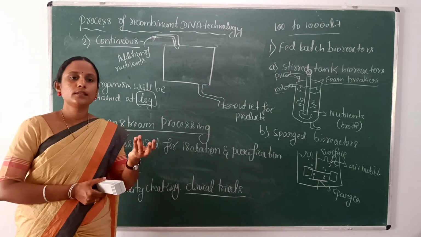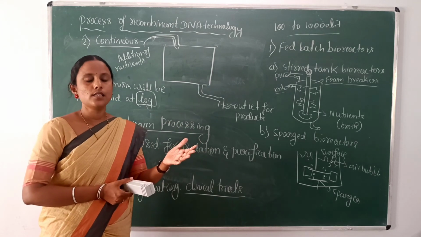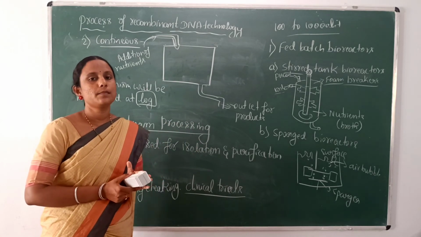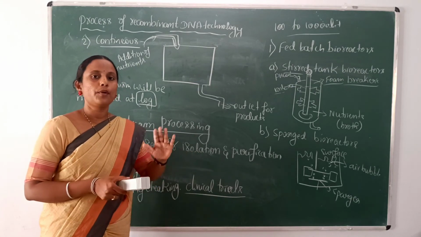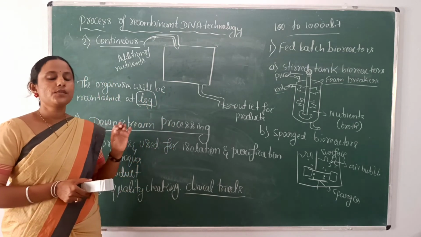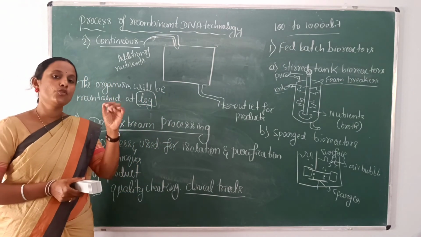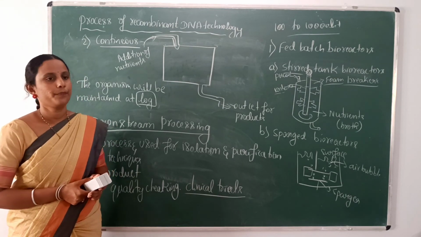The clinical trials, so first on a first step they will be done on animals and later the trials will be done on human volunteers. After that only the product is allowed for marketing. So these are the steps used or steps to be followed in recombinant DNA technology.